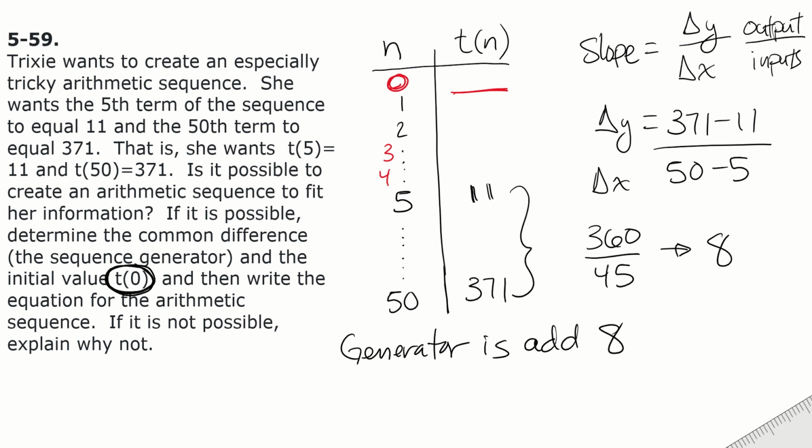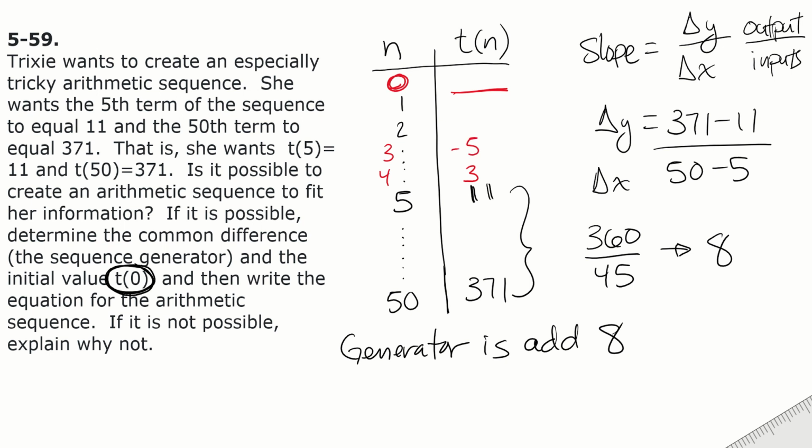I could take the number 11, and instead of adding 8 to go forward, I can subtract 8. 11 minus 8 gives me the number 3. So the fourth term would have to be 3. If I keep doing this, every single time I go backwards I subtract 8. The next value I get is negative 5.